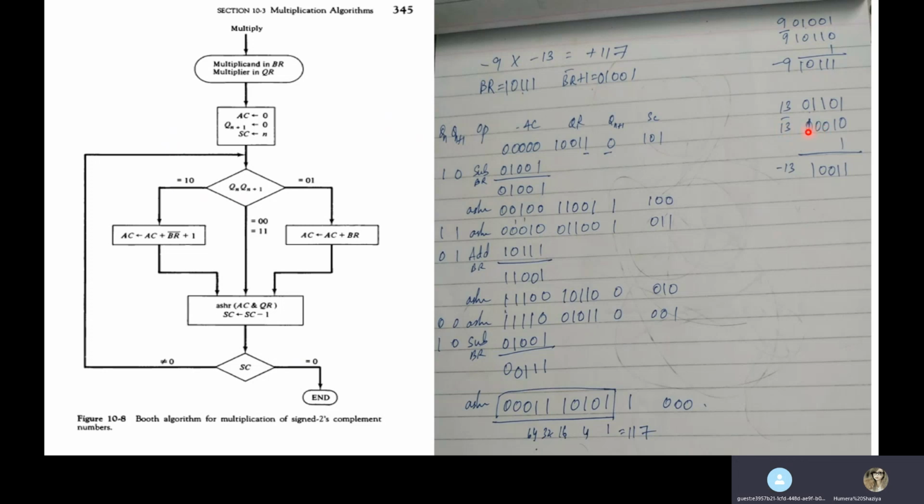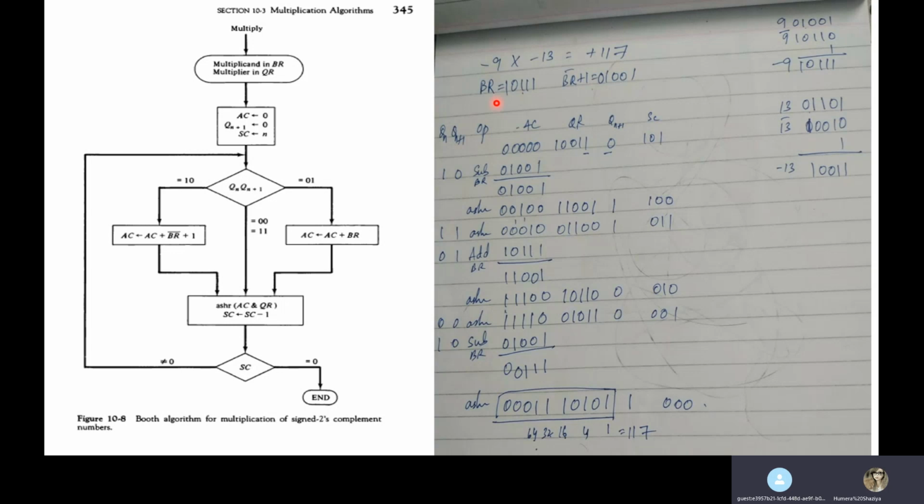After inverting every bit, you get 10010, to which you add 1 to obtain the 2's complement of 13, which is 10011. So this is minus 13. This is minus 9. And the product which you obtain after the whole process should be plus 117.